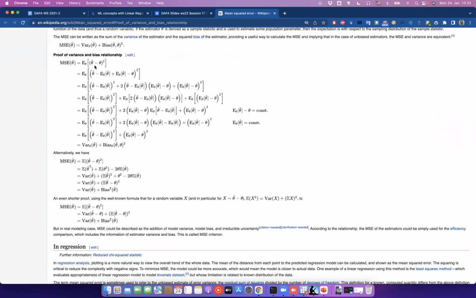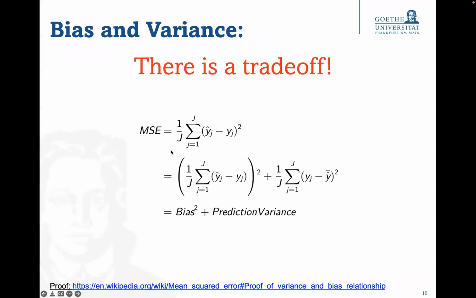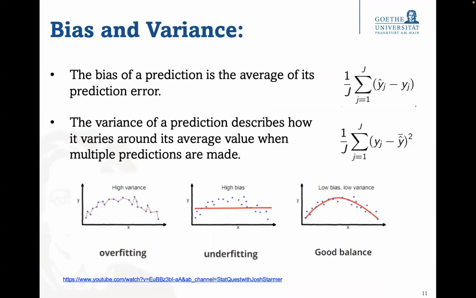You can go on with this expansion of the formula and get these two terms out of it. So there are two terms in this mean squared error loss. The first part we call prediction error, which is the average of the error terms that you could have.